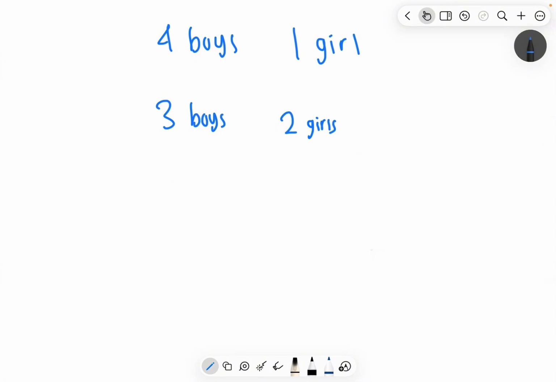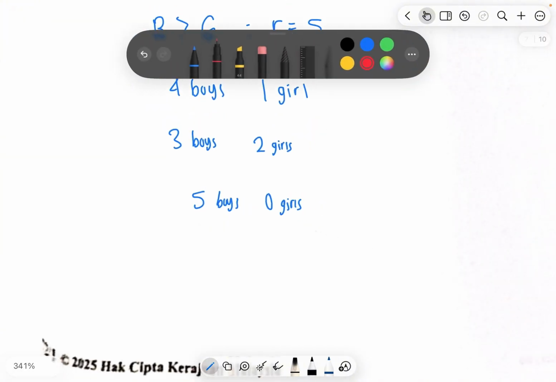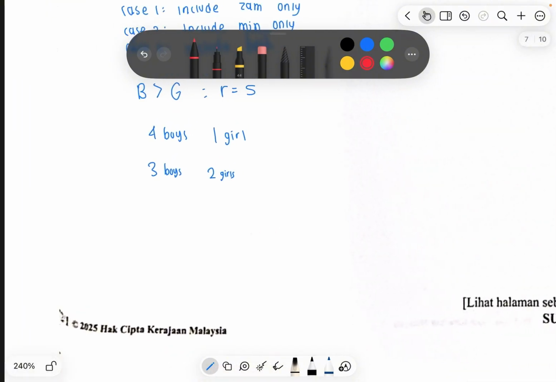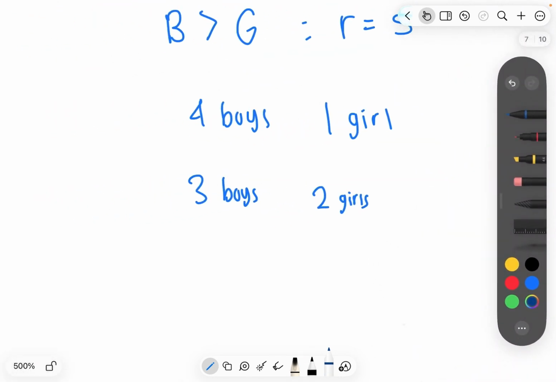And if you choose 5 boys and 0 girls, this situation cannot happen, because they want more than, and they're talking about the quantity of people, so girls still have to be there for boys to be more than girls. So we only have to talk about these 2.